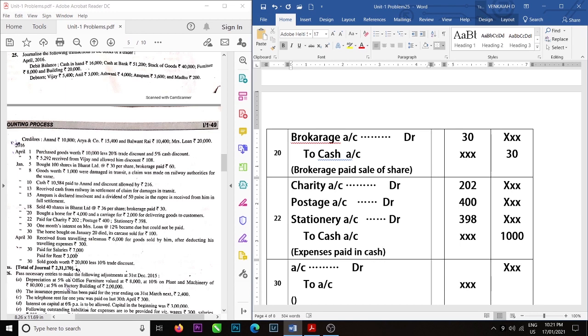Okay, right. Next, one month interest on Mrs. loan at the rate of 12% became due and could not be paid. We will write it. So this interest on loan is an expense to us. Interest account debit to outstanding interest account, or we can write Mrs. loan account.